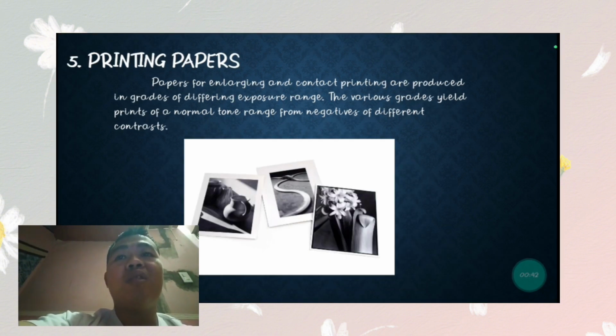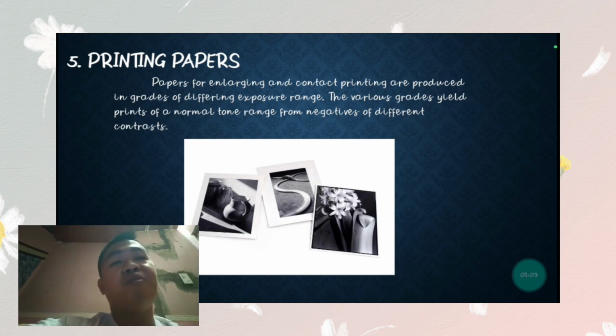Next is printing papers. Papers for enlarging and contact printing are produced in grades of differing exposure range. The various grades yield prints of a normal tone range from negatives of different contrasts. So, printing paper means paper designed for printing.